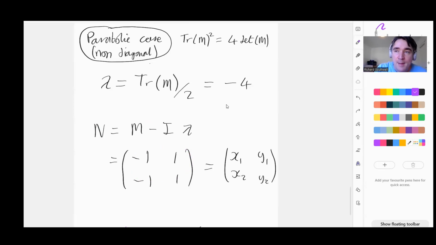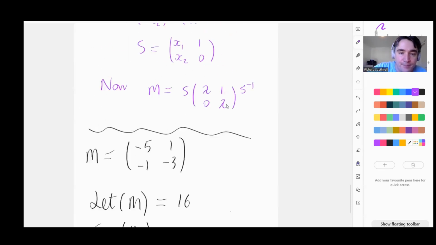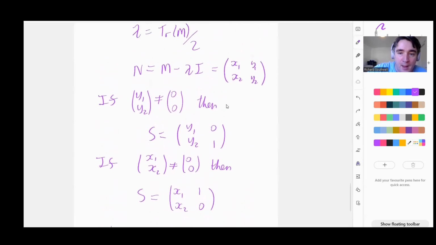And then basically we want to make sure that, and so we have this kind of situation. The recipe I was saying before is basically that we know that at least one of these two columns here is going to be non-zero. And we just have to pick something for that case.